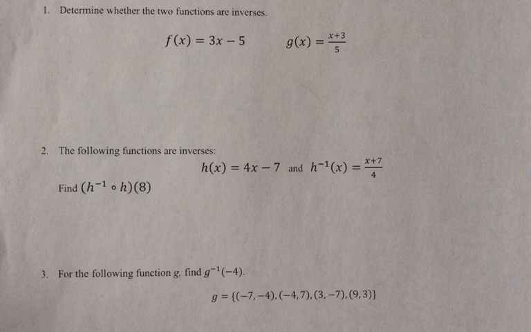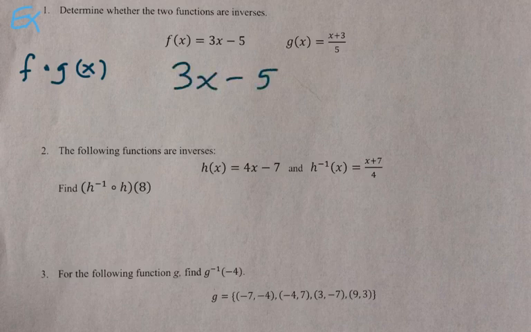So what I'm going to do for this example right here is we're going to find f of g of x. Okay, so we take our f of x, 3x minus 5. We're going to replace the x with g of x. So it's going to be 3 times (x plus 3) over 5.